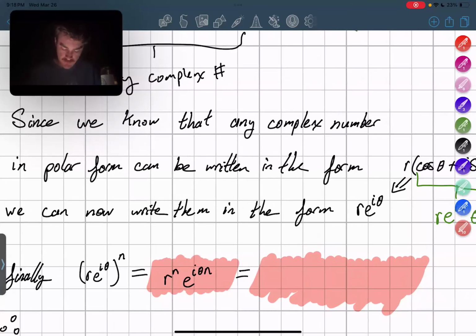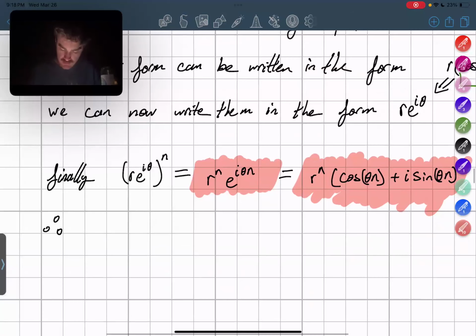And what we found out was that if we back substitute here, we get r to the n times cosine theta n plus i sine theta n.